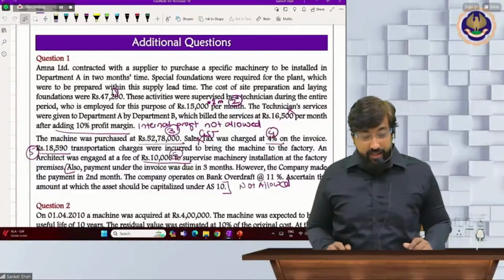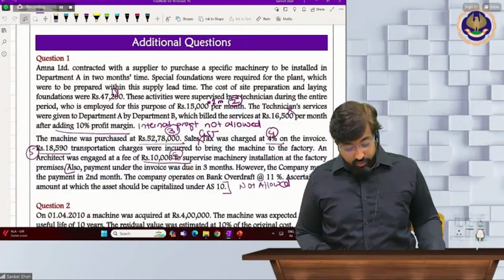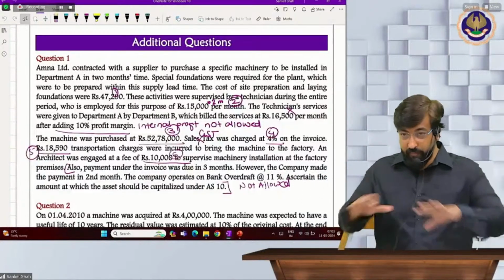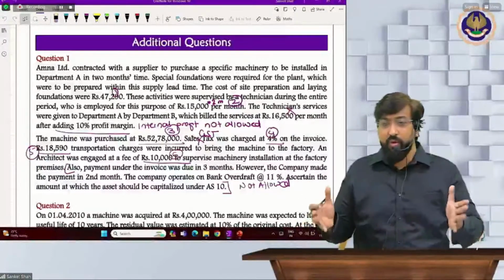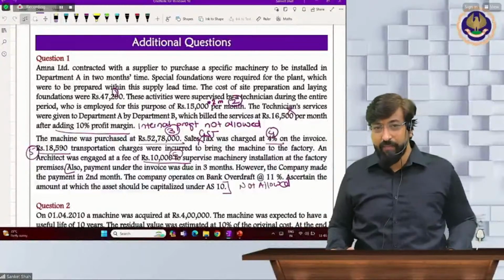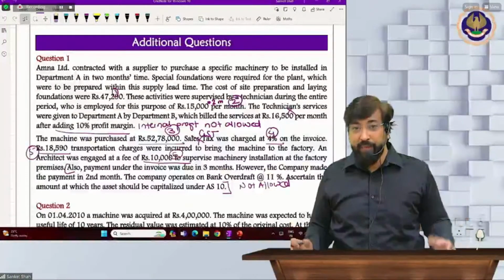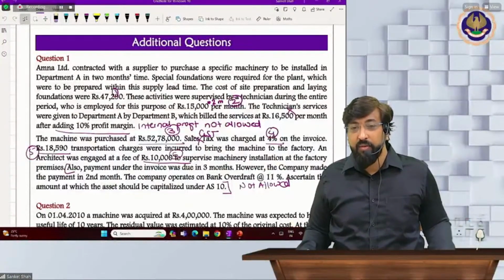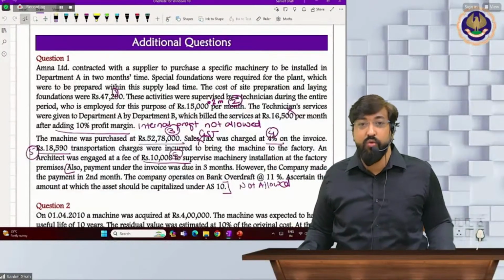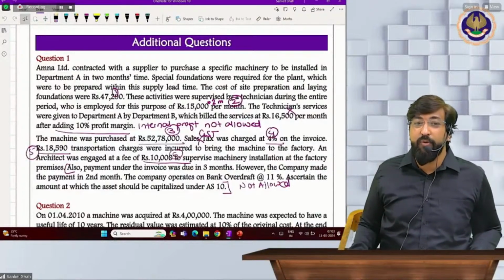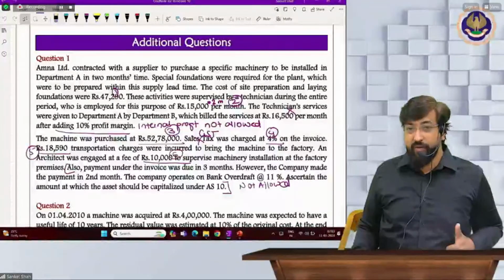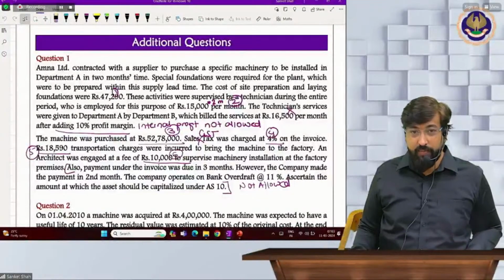Foundation means where you are going to fix that asset. So that is also site preparation cost, we will add it. Site preparation and laying foundation cost 47,200. So this is my first cost.